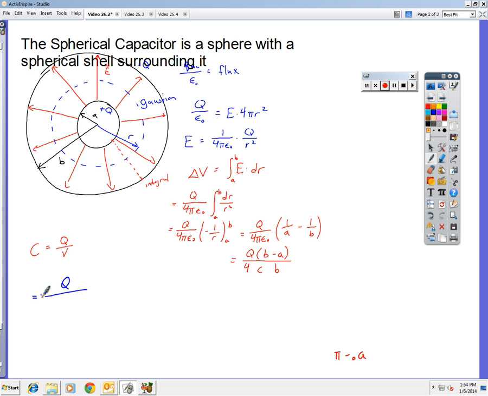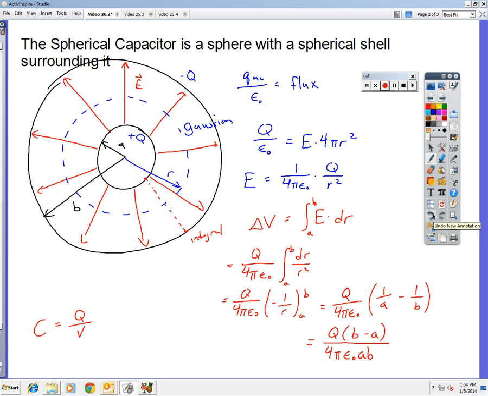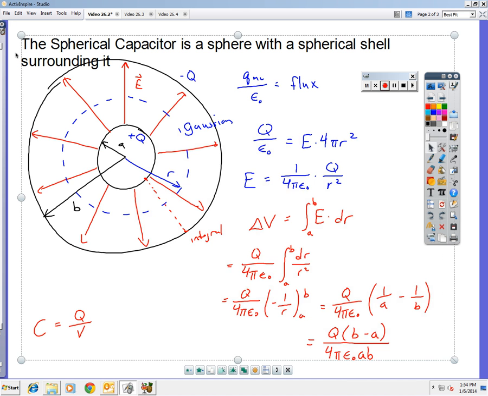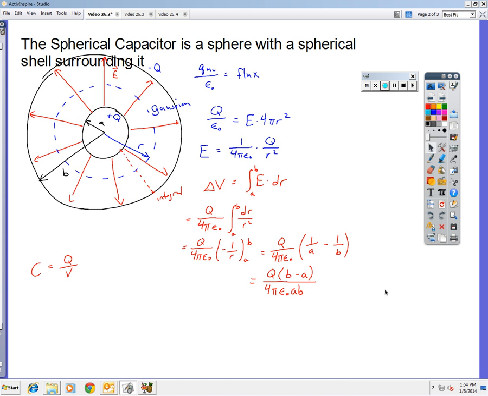So C equals Q over all of this, and this works out to be 4 pi epsilon 0 ab divided by b minus a.